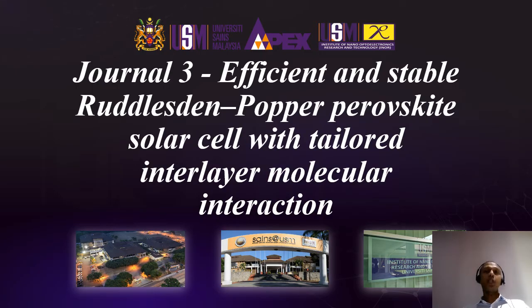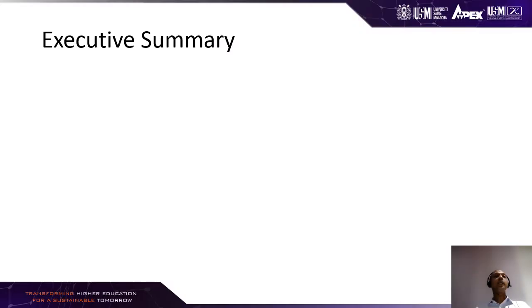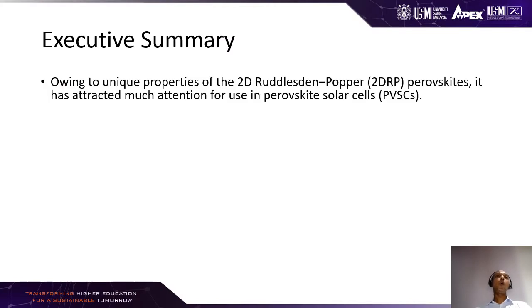Now, for the third journal, the efficient and stable Ruddlesden-Popper perovskite solar cell with tailored interlayer molecular interaction. Here's my executive summary. Owing to unique properties of two-dimensional Ruddlesden-Popper, 2DRP in short, perovskites, it has attracted much attention for use in perovskite solar cells.